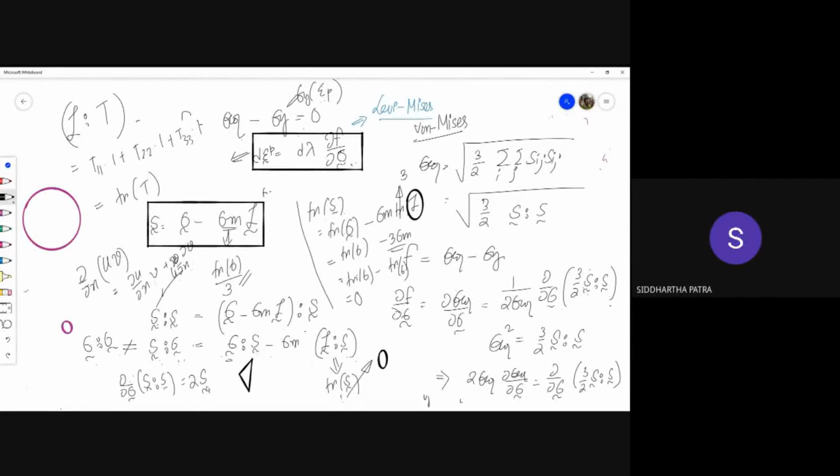For example, if I take the first term and take derivative, what is del sigma?